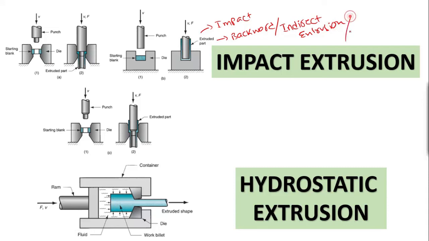Or it is also called discrete extrusion. So this process can be classified in all ways. It's impact in nature, it is backward indirect extrusion in profile, and it is discrete based on the product.